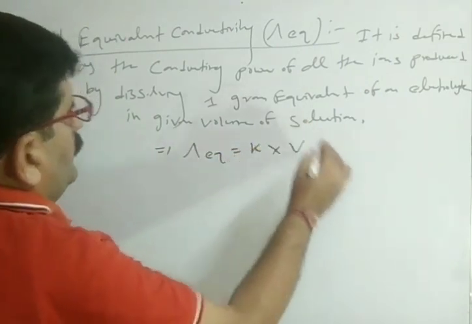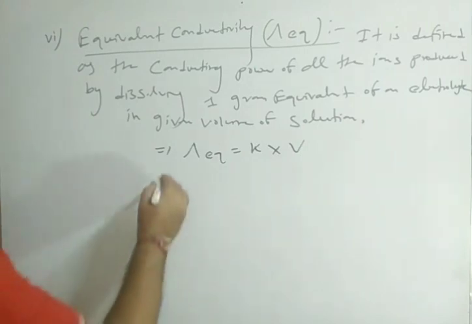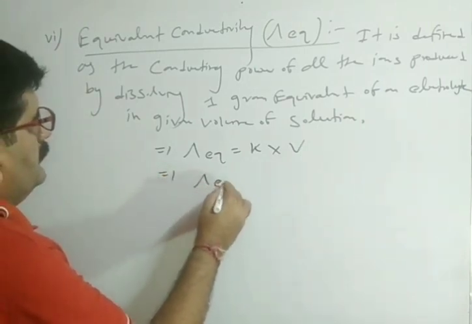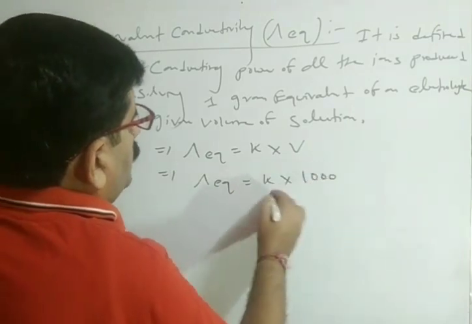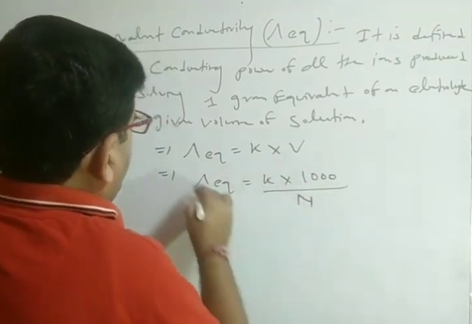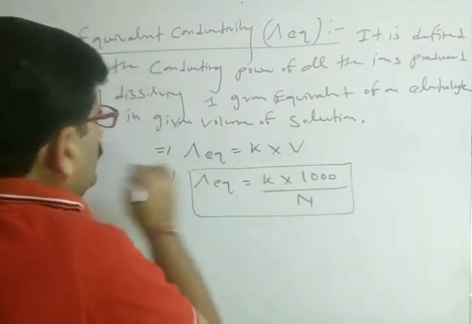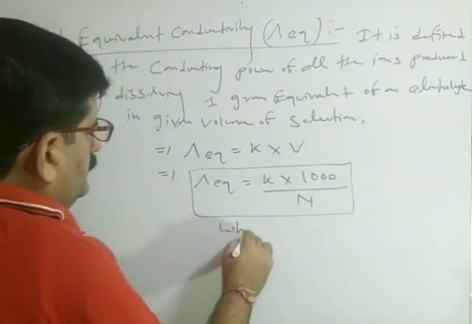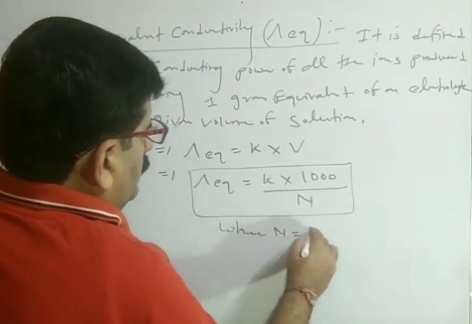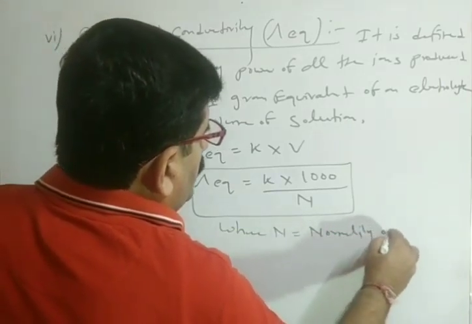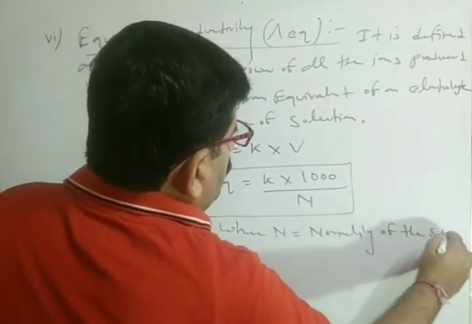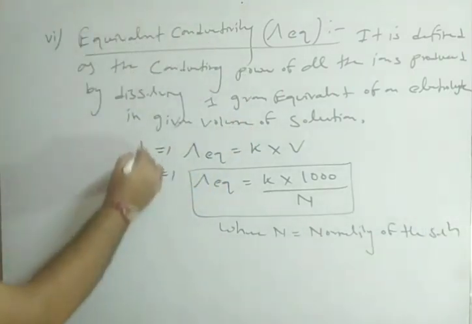K into V. Again you can write K into 1000 divided by N, where N is equal to normality of the solution. You can write what?